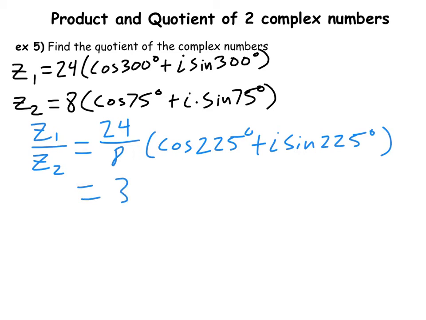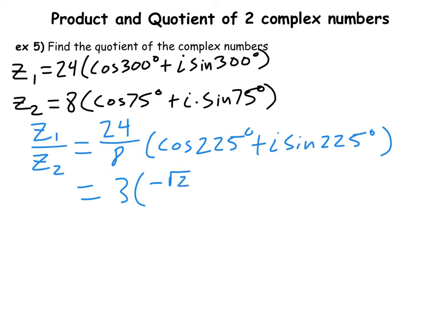So now if I simplified the 24 over 8 to 3, I'd have my answer in trig form: 3 cosine 225 plus i sine 225. I'd go to a calculator or the unit circle, if it's on there.